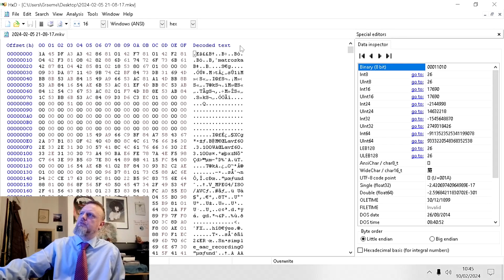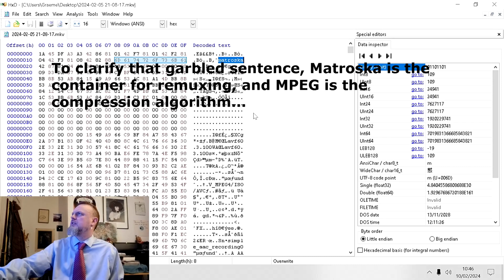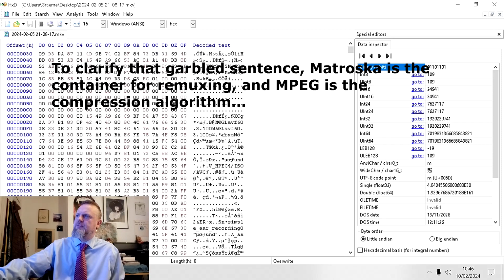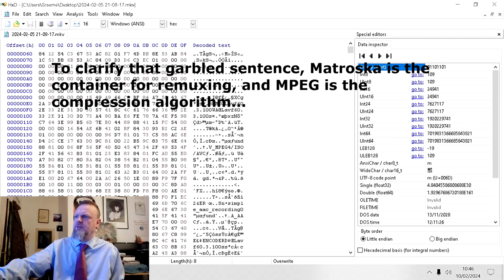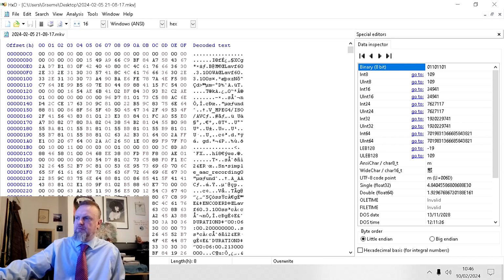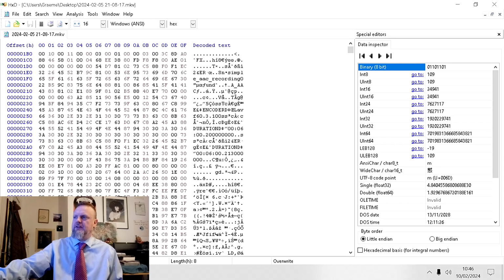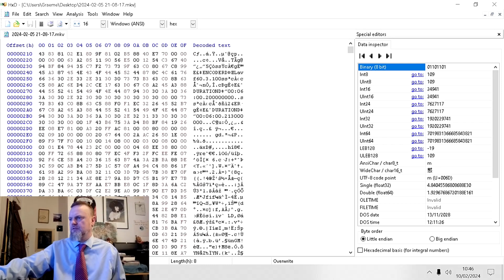So, you can see here Matroska, that is the compression algorithm, MPEG-4. Basically, this here is the header of the video file.